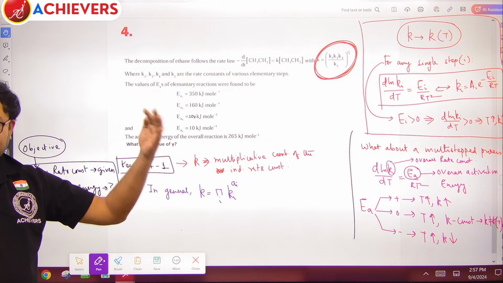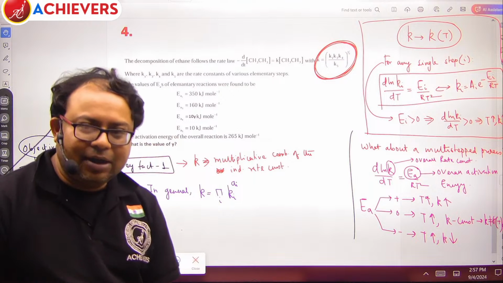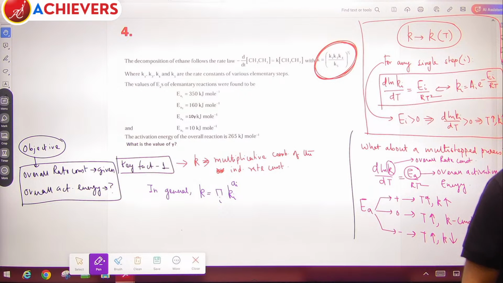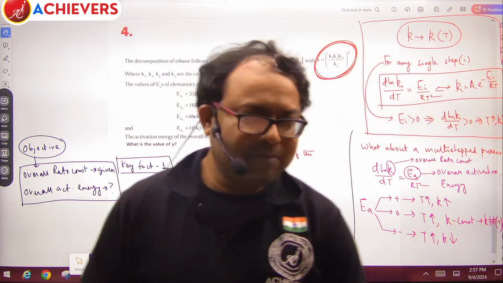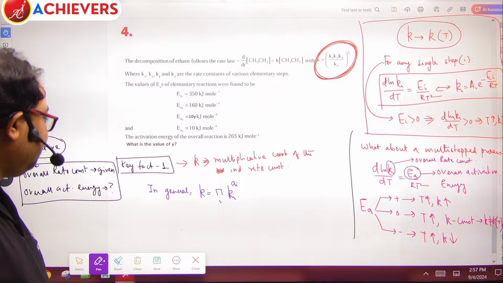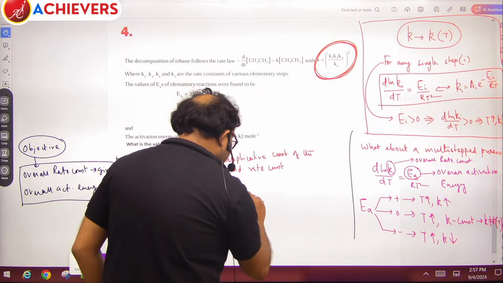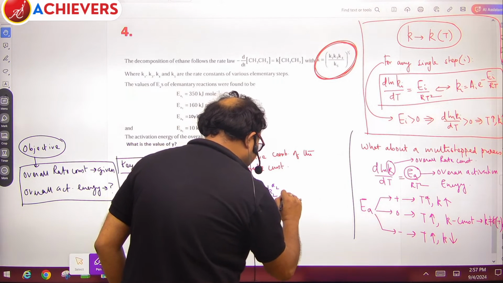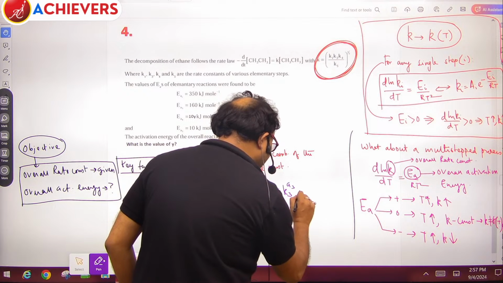If Ai is negative, the term is situated in the denominator, and if Ai is positive, then the term is situated in the numerator. That is known to all of us. So this is basically K1 to the power A1, K2 to the power A2, K3 to the power A3, and so on.